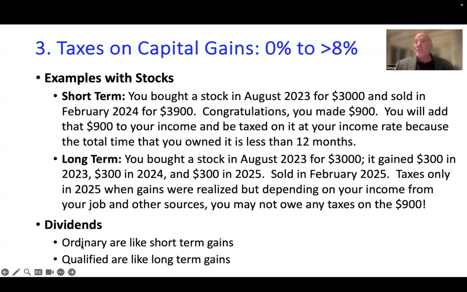Fantastic. And I talk about reinvesting those dividends throughout the investing conversation. There's going to be ordinary dividends and qualified dividends. You see, ordinary are short term and qualified are long term. Very, very fortunately, your online brokerage keeps track of these dividends and whether they're short or long term for you. You don't have to track that, they'll do it for you.